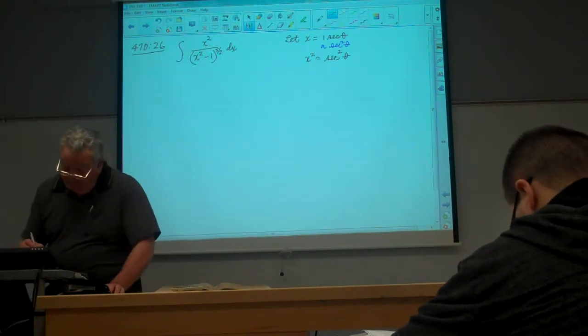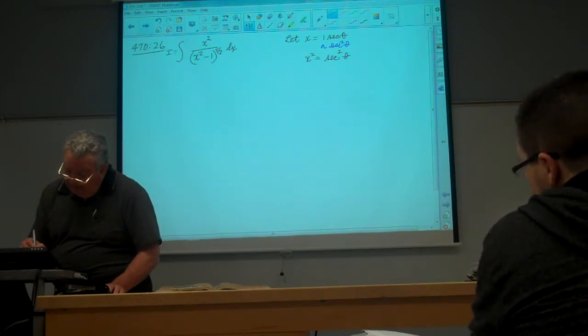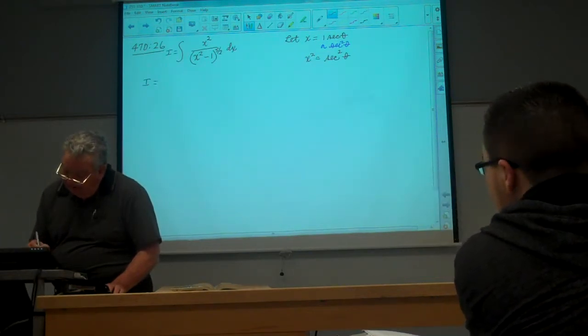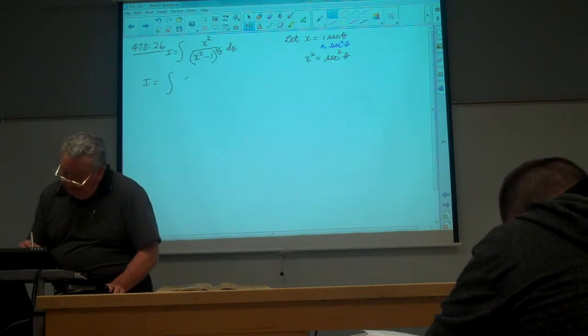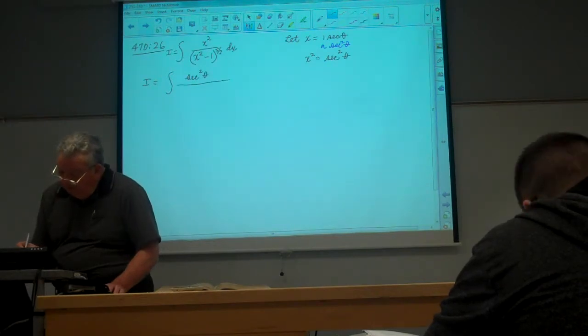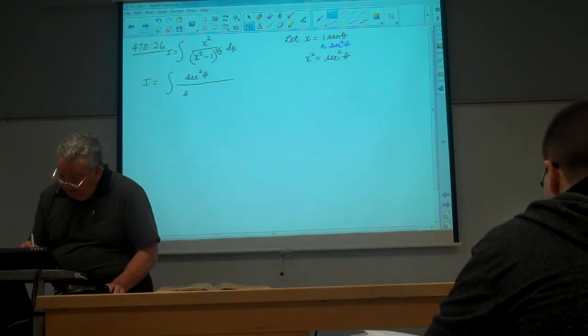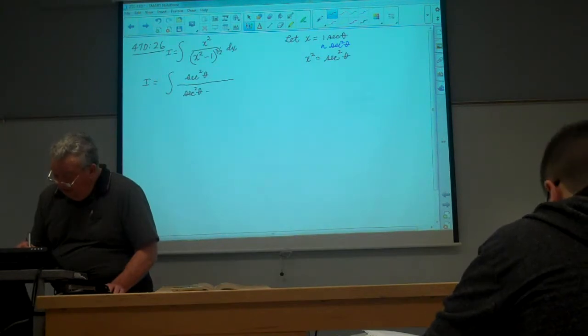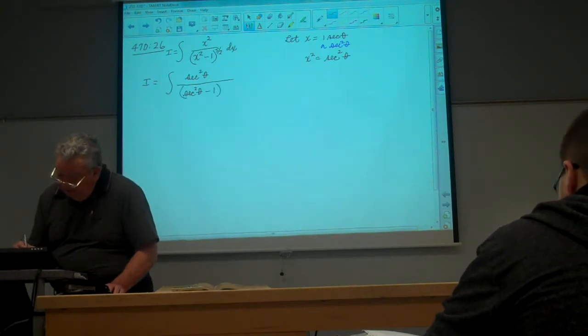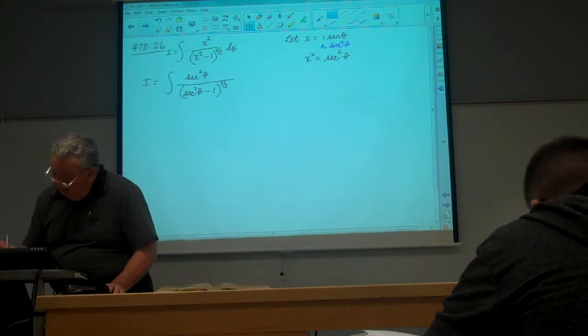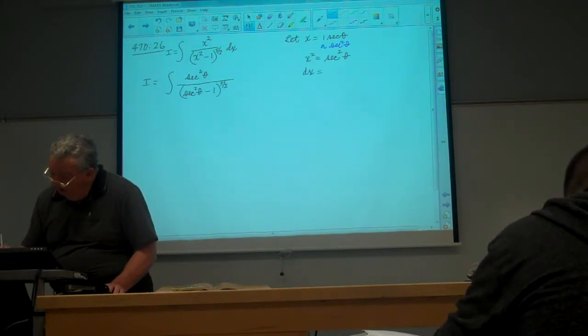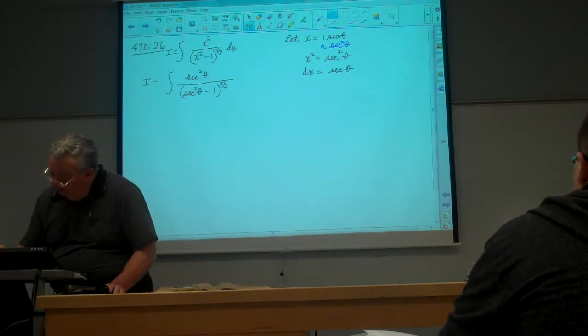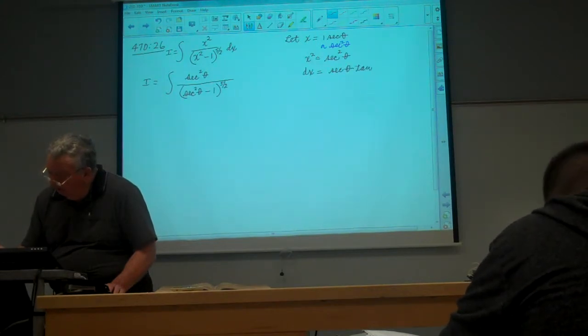Now substitute in and say that our integral I is equal to the integral of secant squared theta over secant squared theta minus 1 to the 5 halves power, and dx is equal to secant theta tangent theta.